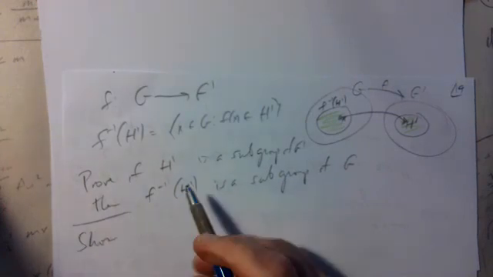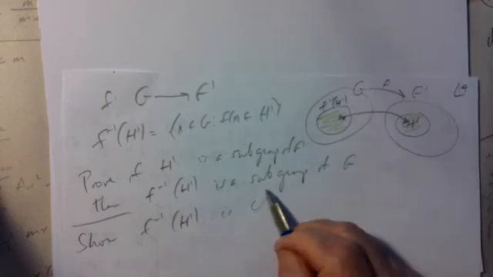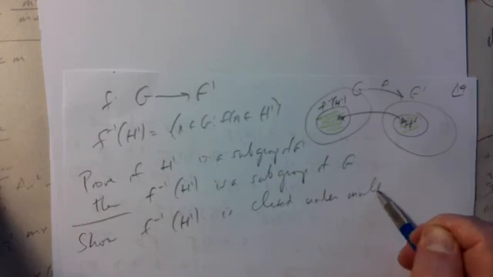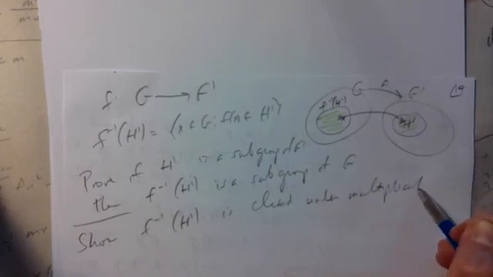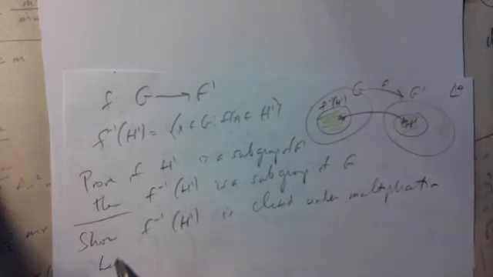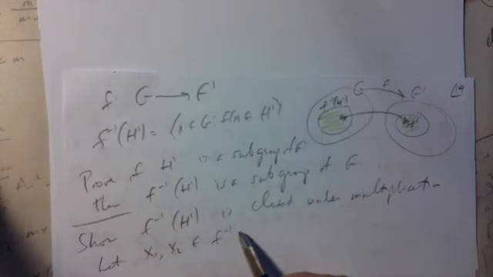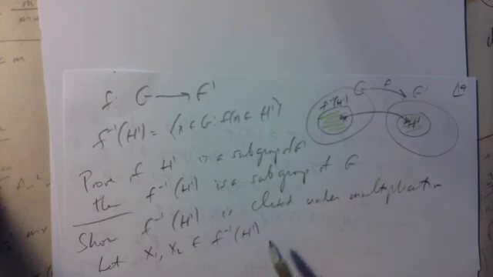So let's do the first. Show f inverse of H prime is closed under multiplication. Let x1 and x2 be in f inverse of H prime.